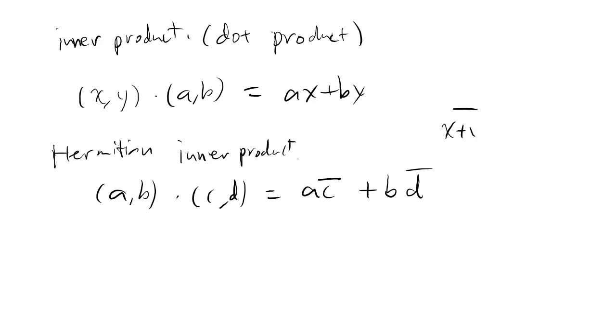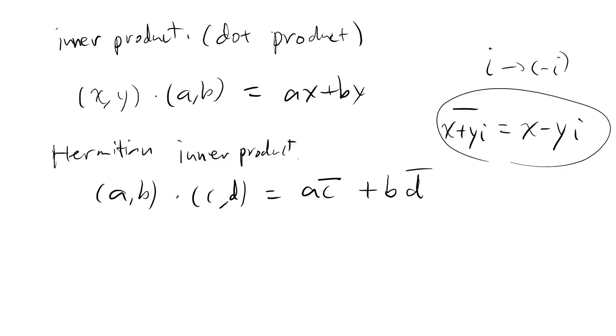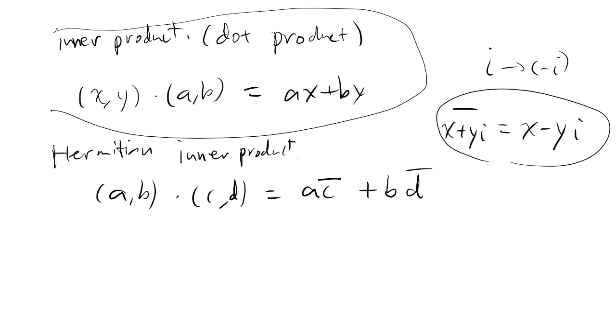Complex conjugate means that the i is replaced by negative i. So x plus yi gives you its conjugate. Right? And you do this so that it satisfies some positivity condition.